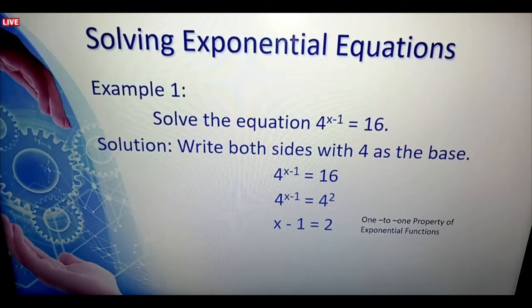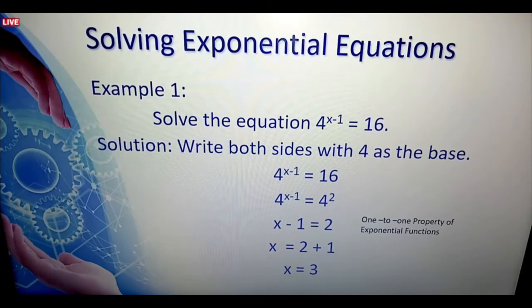Simply equate x minus 1 equals 2. So, the value of x is 3. Okay?